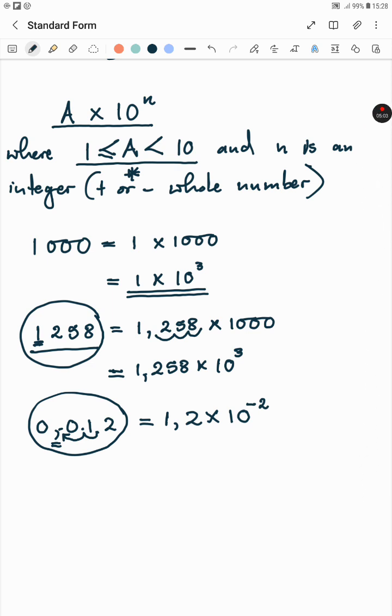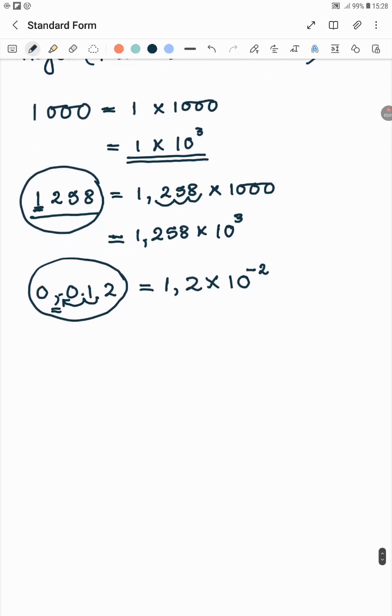All right. So in other words, what we are saying is, if we were to express this as a fraction, 0,012 is the same as 12 divided by 1000, because you count the number of decimal places. It's supposed to be equal to the number of zeros in front of 1.